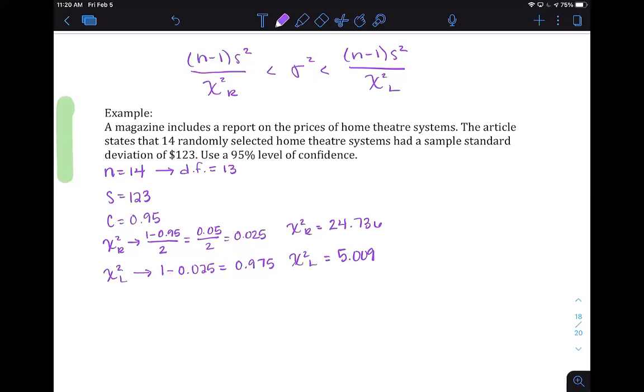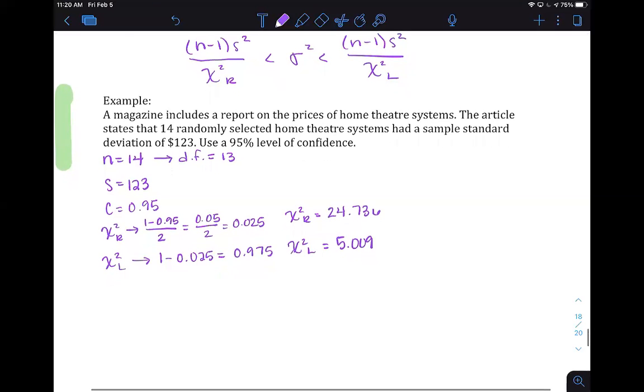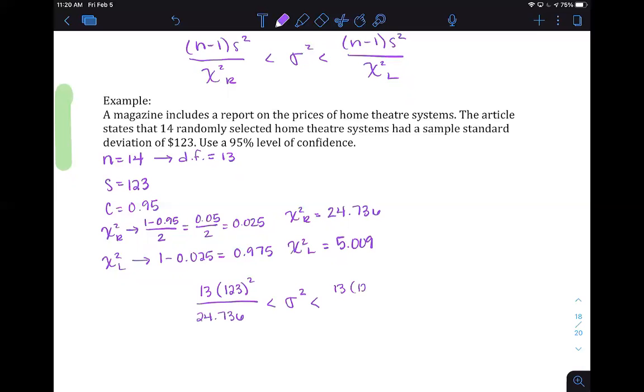Okay, then you're just plugging in. Okay, so we have n minus 1, which is our degrees of freedom, so 13 times s squared, so 123 squared, divided by chi-squared right, 24.736, which is less than our population variance, which is less than 13 times 123 squared, divided by 5.009.